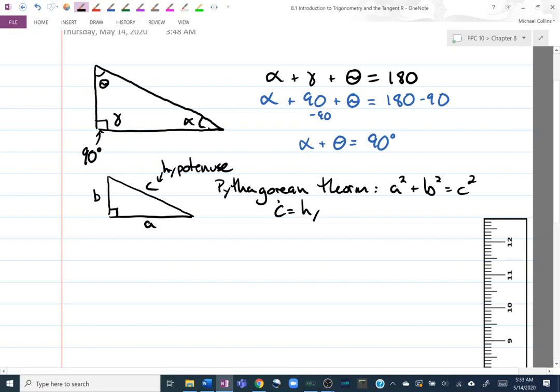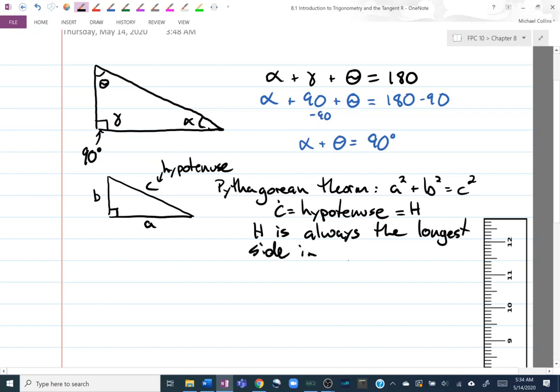C is equal to the hypotenuse, which we will frequently use the symbol capital H for. And H, the hypotenuse, is always the longest side in a right angle triangle. Always.